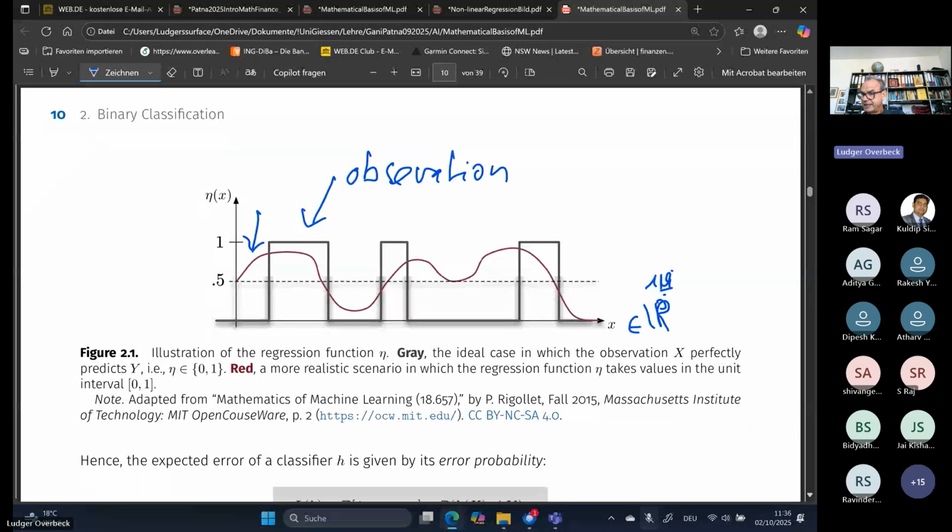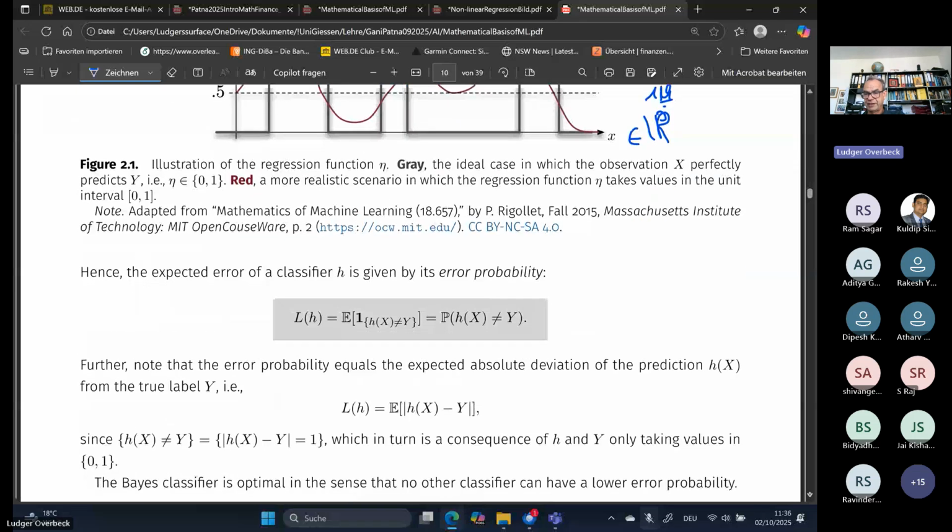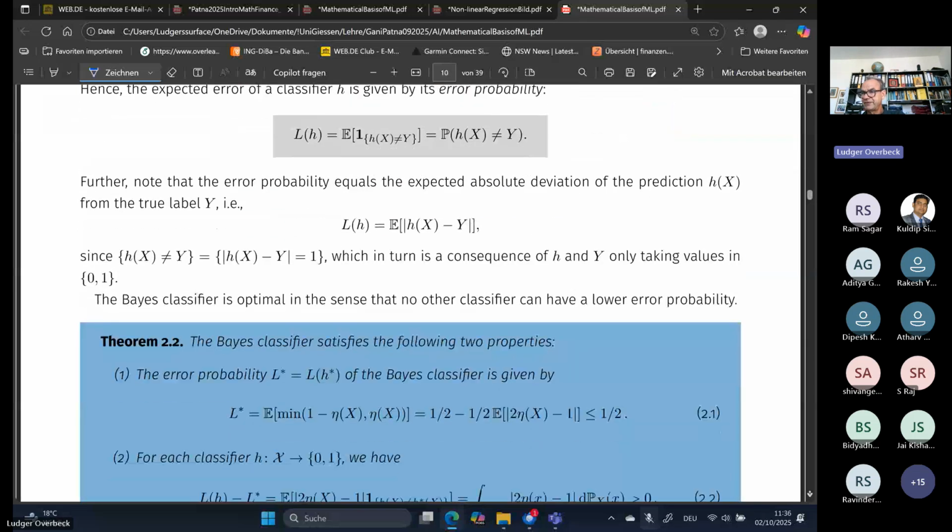So in this case of binary classification, of course, our error will be different, because that's a misclassification error.